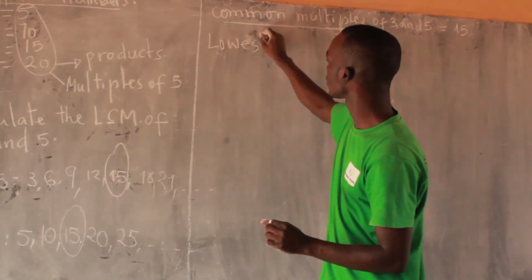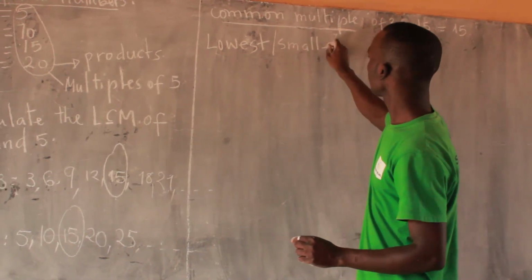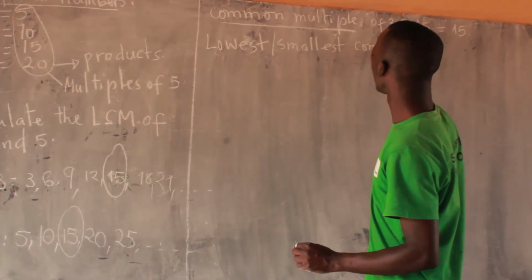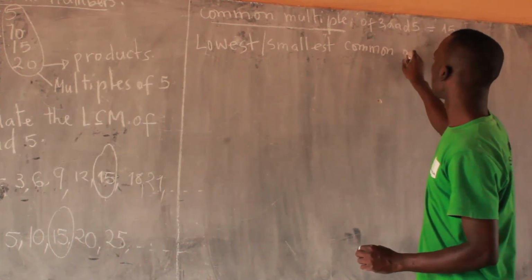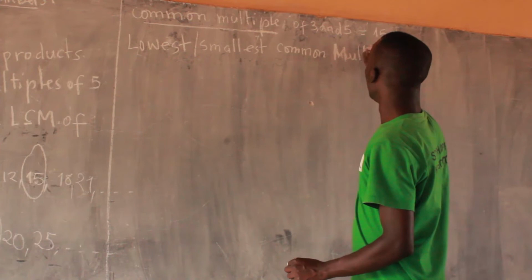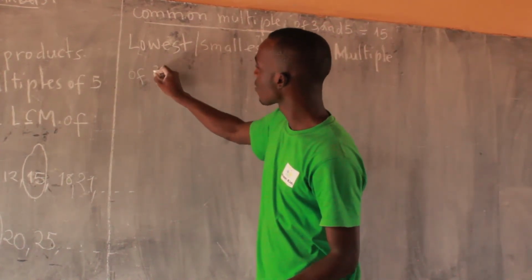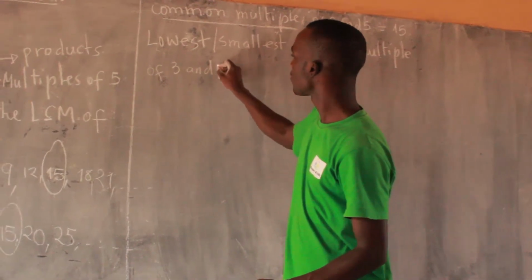It is called the lowest or smallest common multiple of 3 and 5.